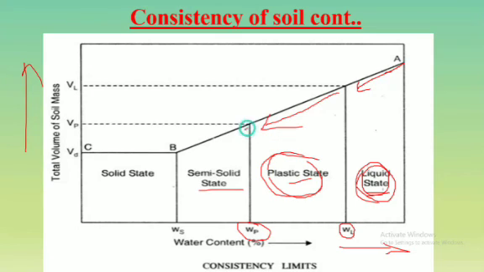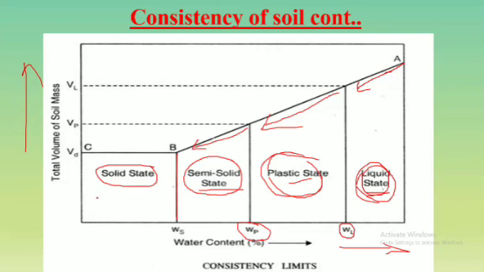As evaporation continues, the volume of soil keeps decreasing, and at a certain water content the soil is transformed from the semi-solid state to the completely solid state.